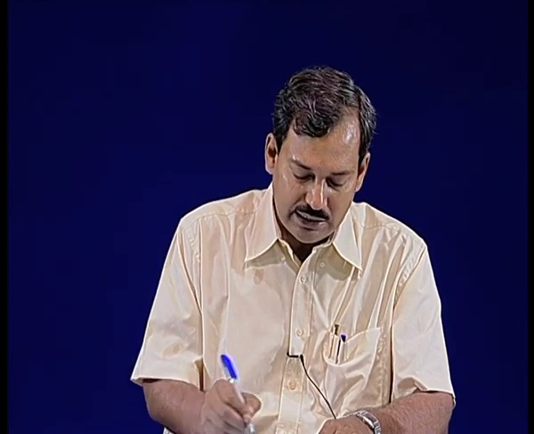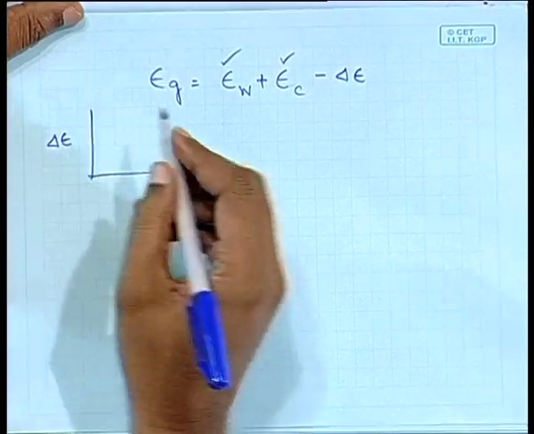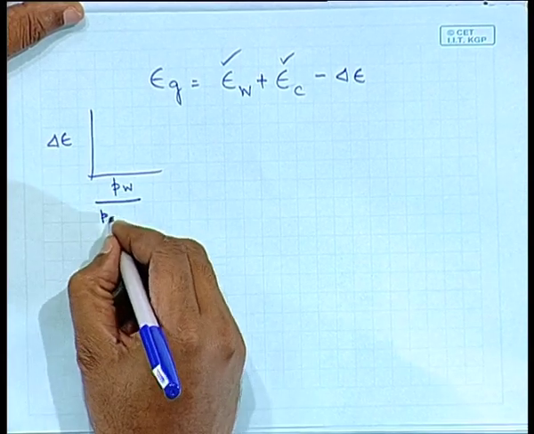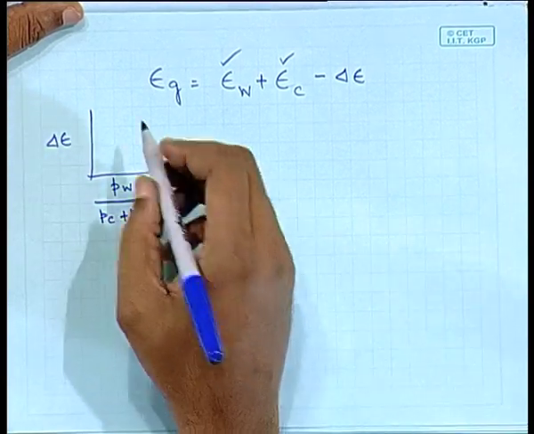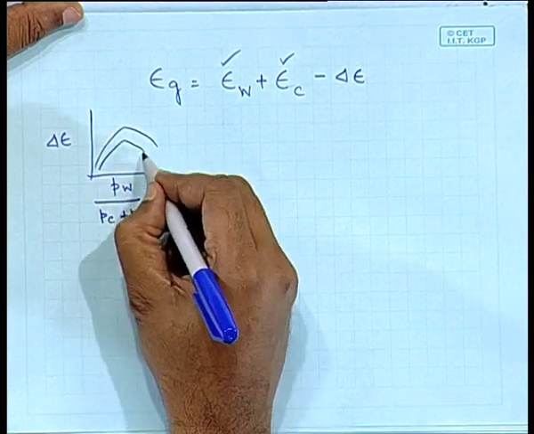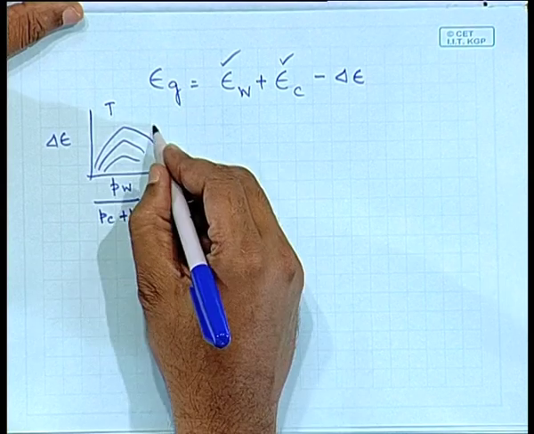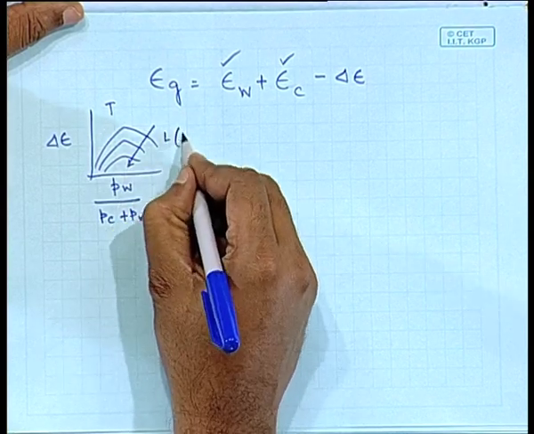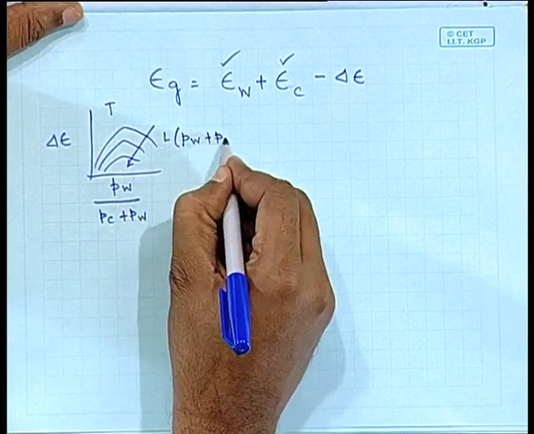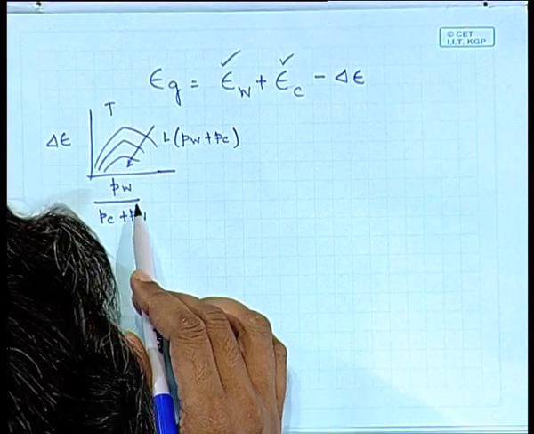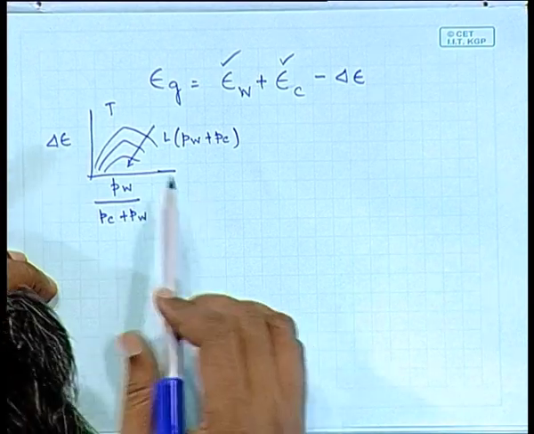And you have another such curve to find out what would be the value of delta epsilon. This is the way you would see the curves, the figures in engineering literature.